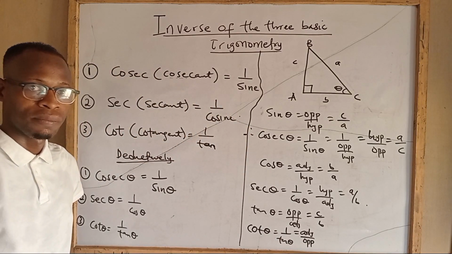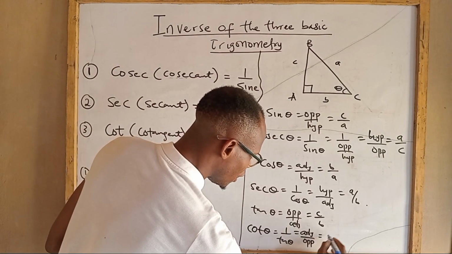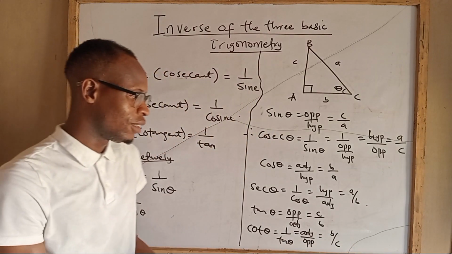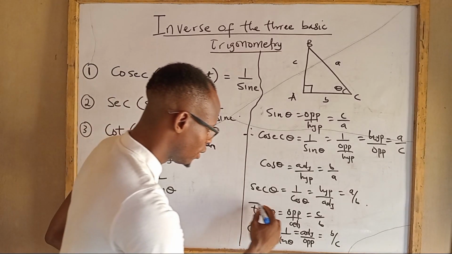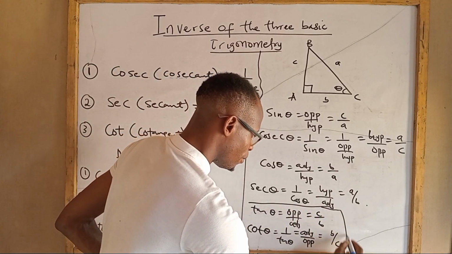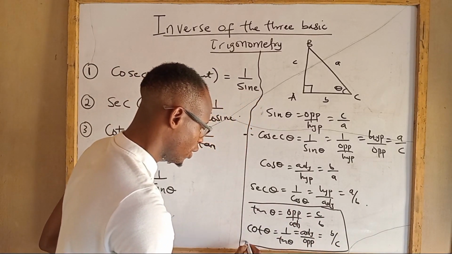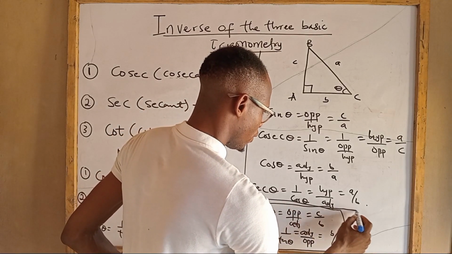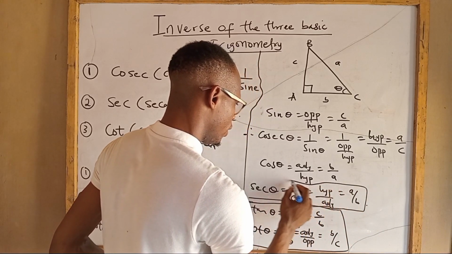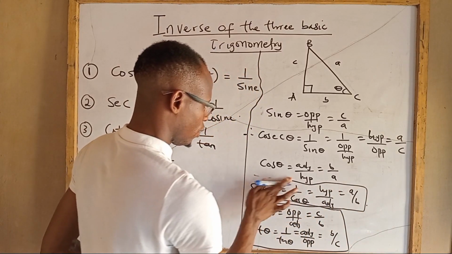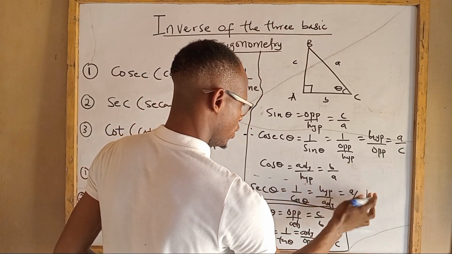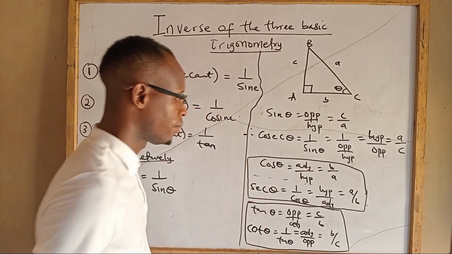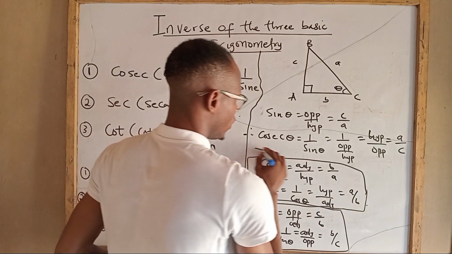Are you following? Then the adjacent here is B over C. So that means it is the inverse of tan theta. Let me put them in brackets like this so that you will understand it. They are joined together like this, so this is for this, and this is now for this.